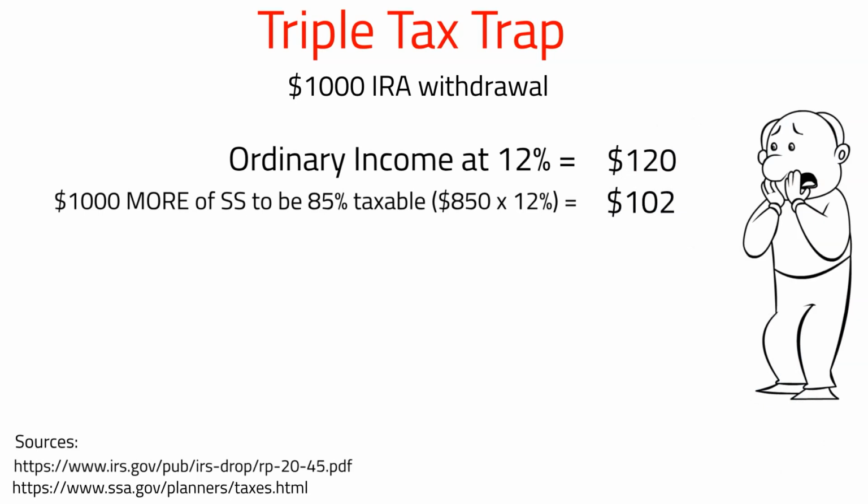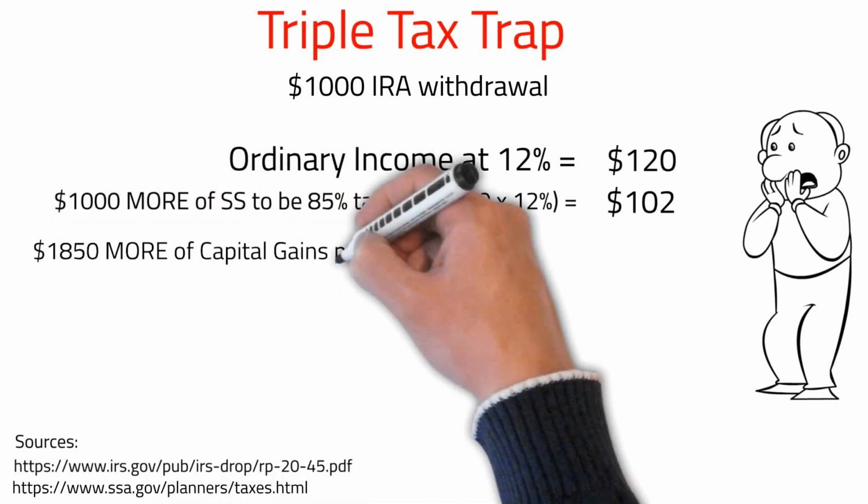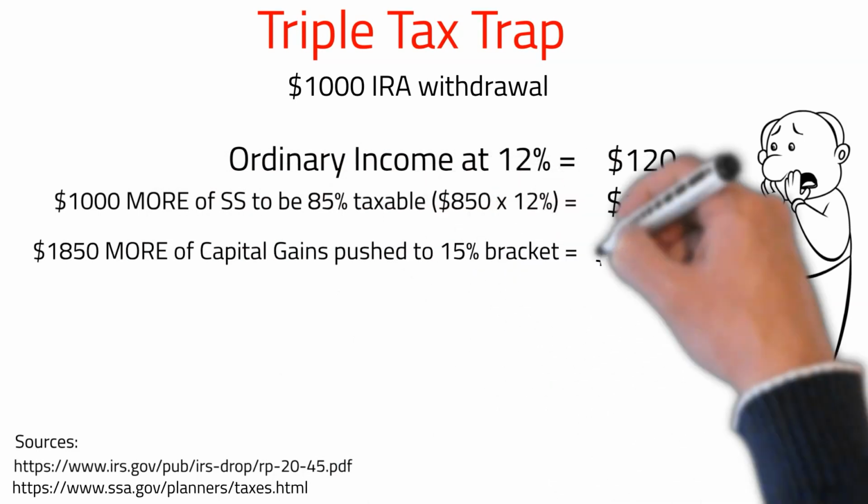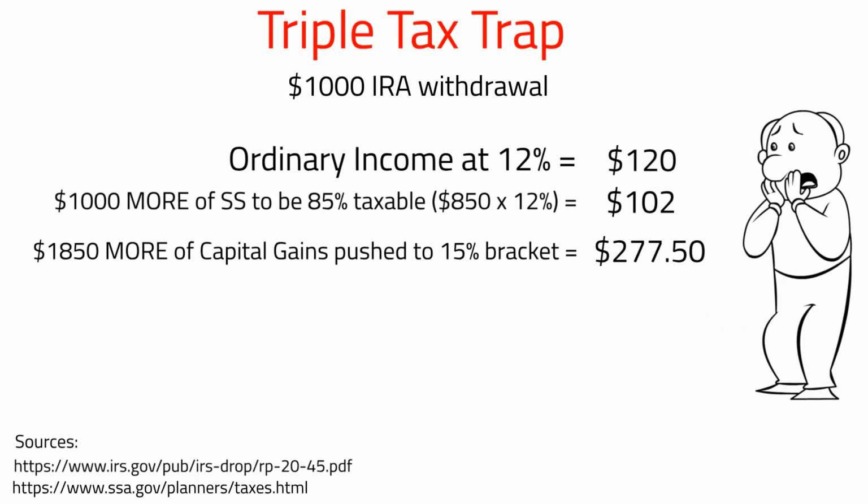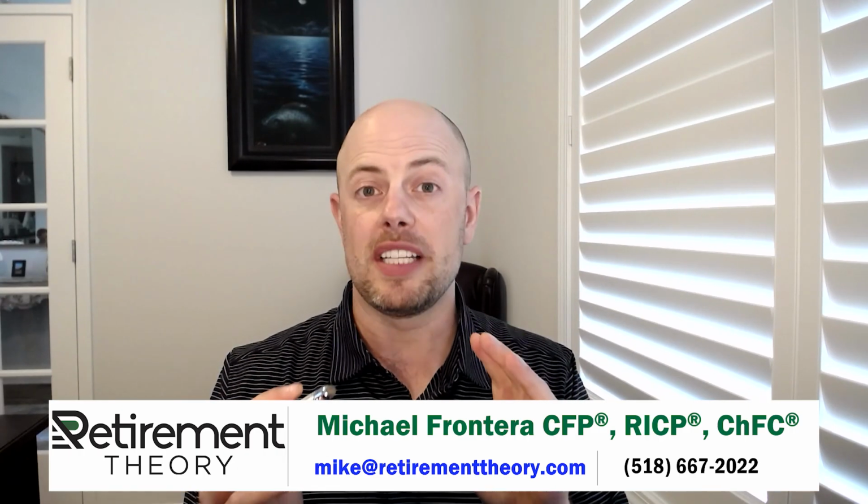And now with our total income being $1,850 higher, another $1,850 of your previously 0% rate capital gains gets pushed into the 15% tax bracket for capital gains. So there's another $277.50. So let's add all this up.